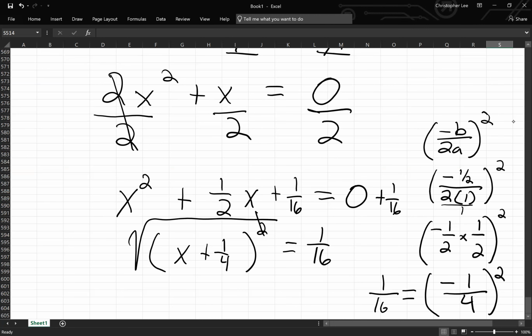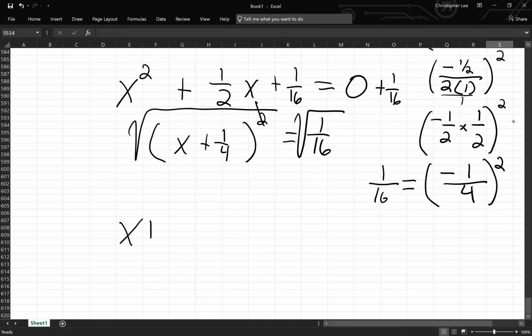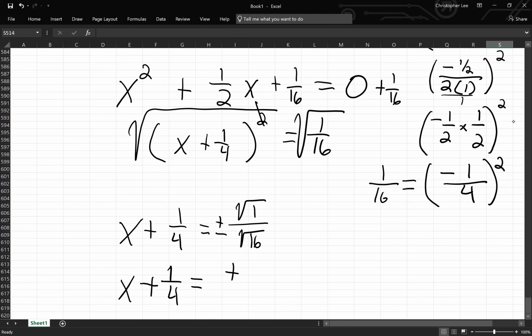So I'm going to square root this. What I do to one side, I do to the other. So now what do I have? I have x plus 1 over 4 is equal to square root of 1 over square root of 16, plus or minus. So this is going to be x plus 1 over 4 is equal to plus or minus 1 over 4.